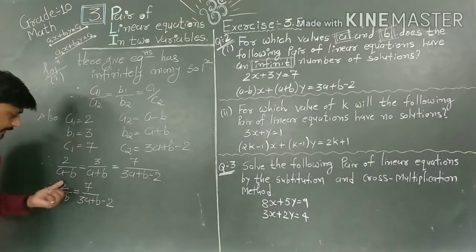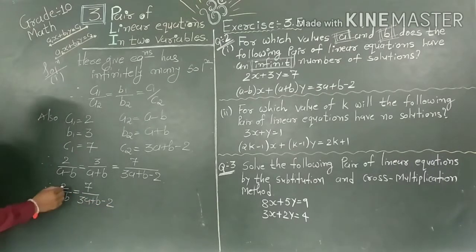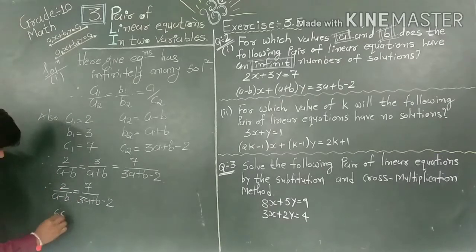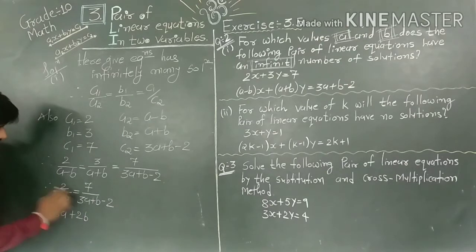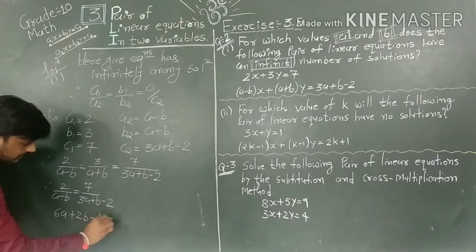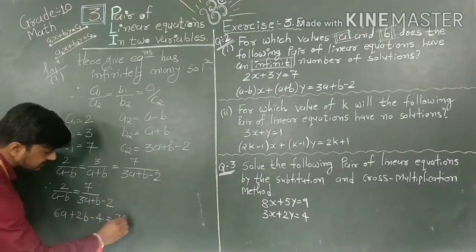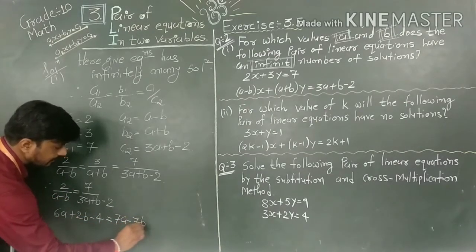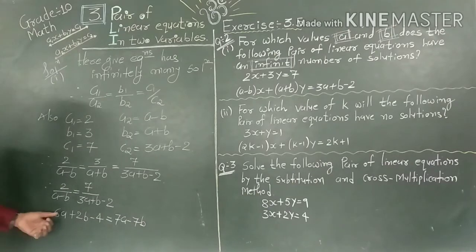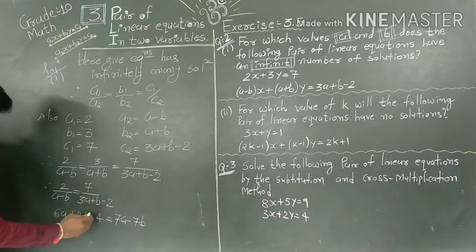Now do cross multiplication. 2 3s are 6a, plus 2b minus 4 is equal to 7a minus 7b. Now transfer 6a, 2b and 4 to the opposite side.